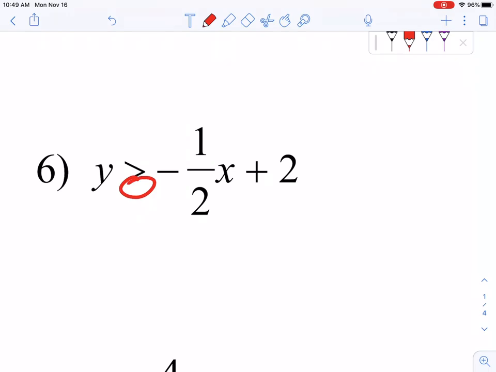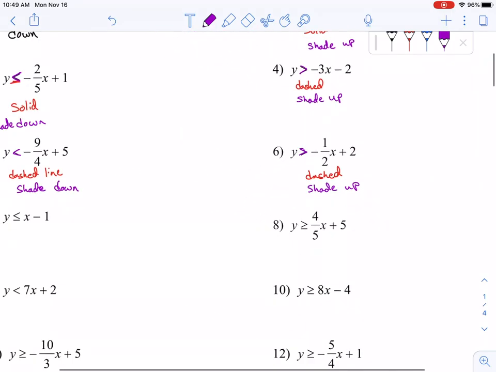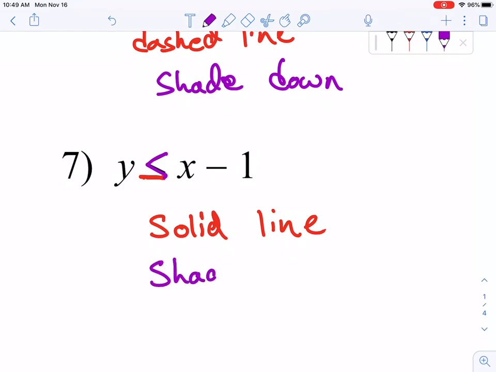No or equal to, so this is going to be dashed. And y is greater than, so we shade up. We do have an equal to here, so this is going to be a solid line. And y is less than, so it's telling us to shade down.